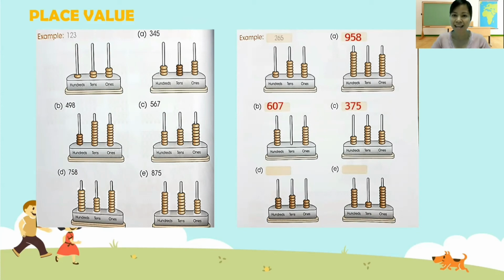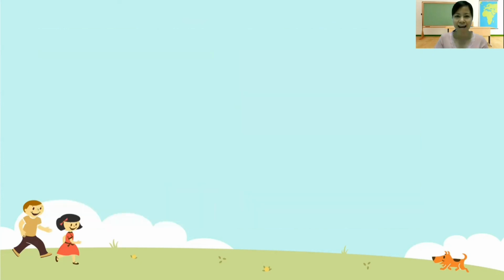For letter D, let's see if we have the same answer. Let's reveal. 453. Right. And for letter E, we have 728. Great. You're a smart kid.